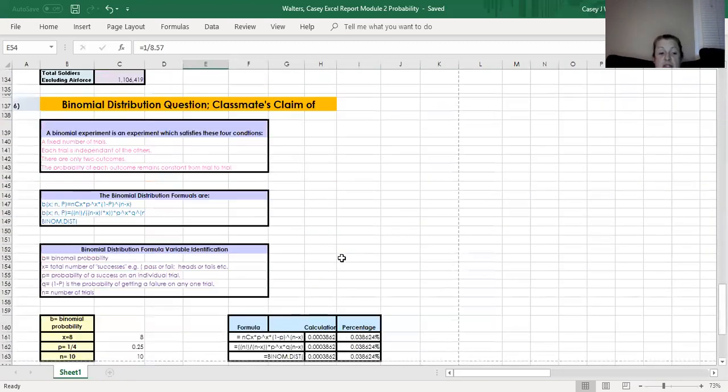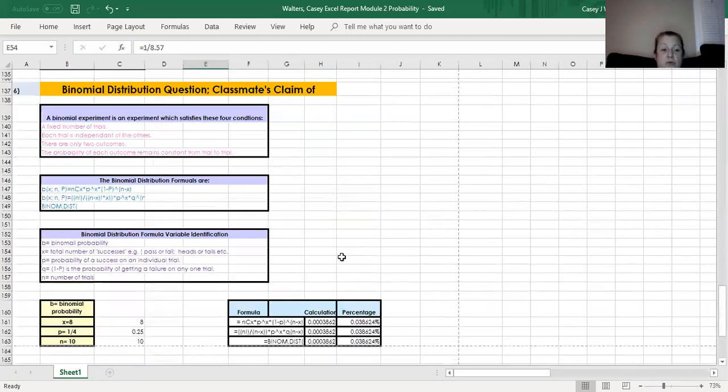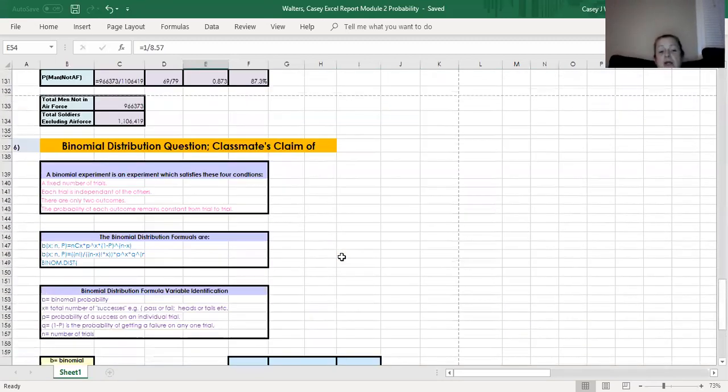So it's pretty interesting. And then number 6, our final question here, was on binomial distribution questions and classmates' claims. And what I did was I put all of the data into tables and made it where it was really easy and clear to see.